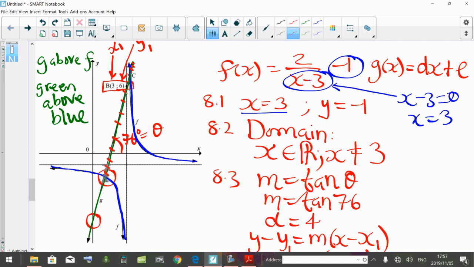The places that I've marked indicate the areas where green is above blue. So what I need to do now is to write it down mathematically.